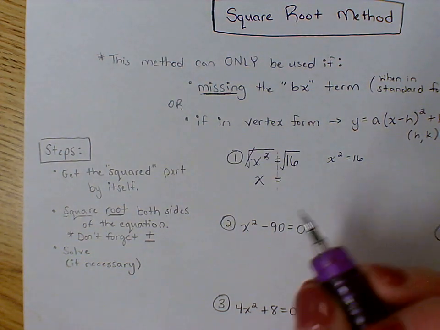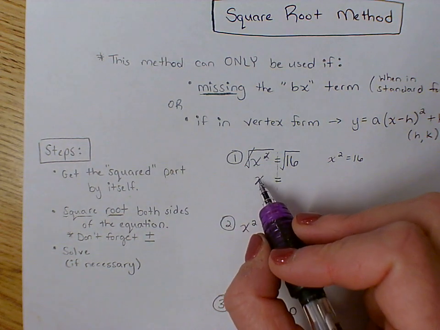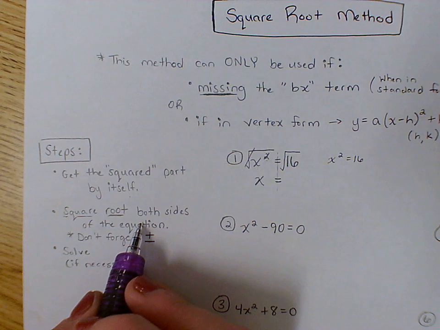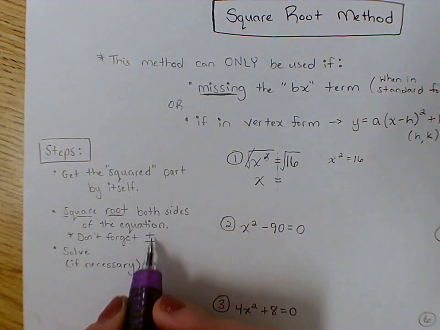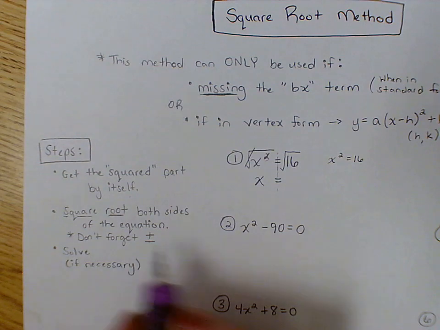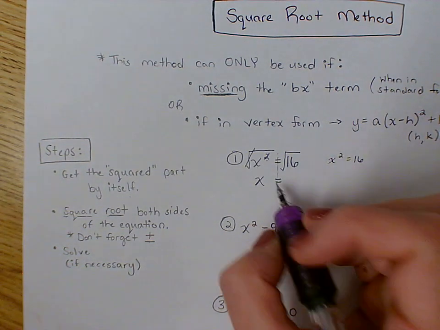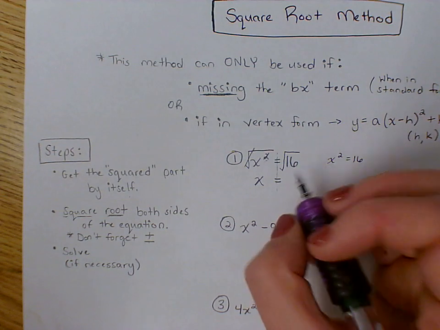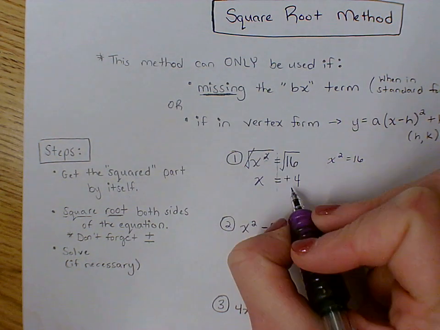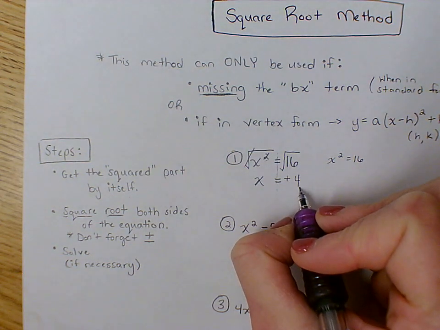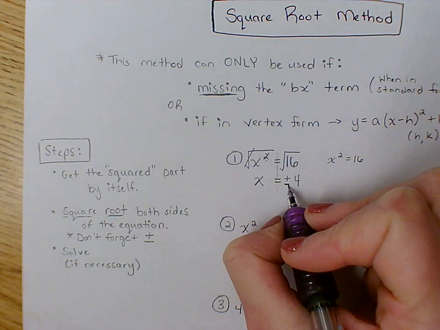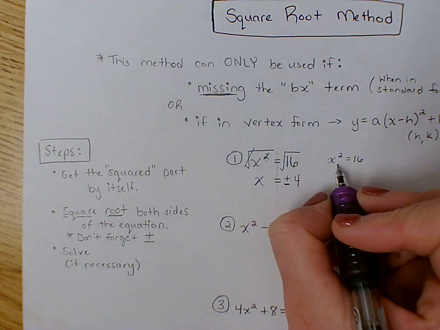So the reason I say that is because when you solve and you end up taking the square root like you did here, you actually will have 2 answers. You're going to have a positive answer and a negative answer that would work, okay? So the square root of 16 is 4, but you have to put a plus in front of it to represent that 4 would work, but then you also have to put a negative in front of it to show that negative 4 would also work in that equation.